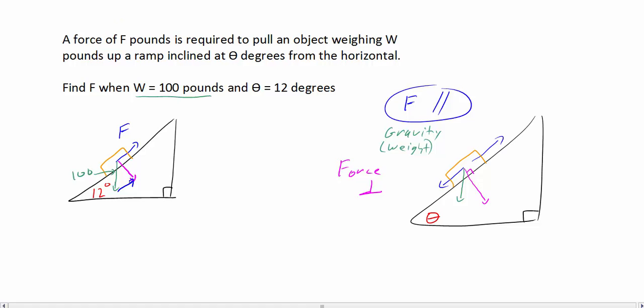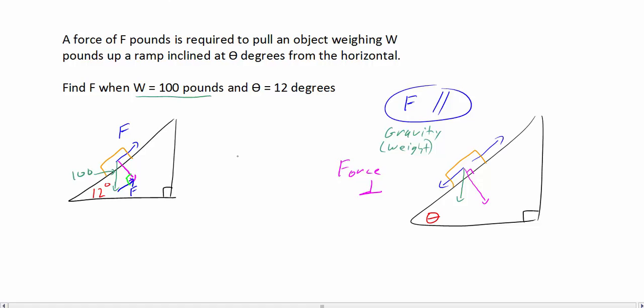And because this force here is perpendicular, we know that we're going to end up with a right triangle, where this is the right angle. So what we're looking for is this force here, F, the blue, how much we need in order to pull this object up this ramp.